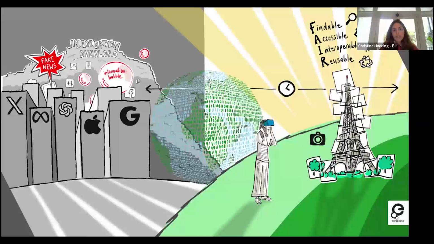And so what does this all have to do with education? Why is this relevant? In a time of information overload, misinformation, and the dominance of corporate for-profit data models, the Common European Data Space aims to offer a foundation of trust. So we aim to act as an intermediary for reliable, well-documented cultural data from trusted institutions, which is very important for educators when we are looking for sources.